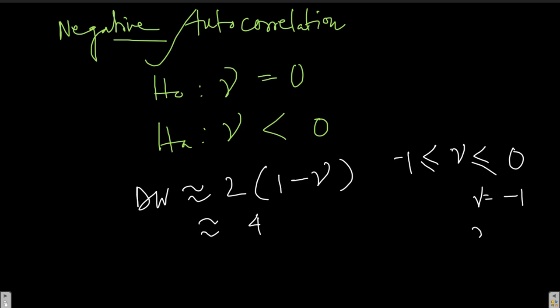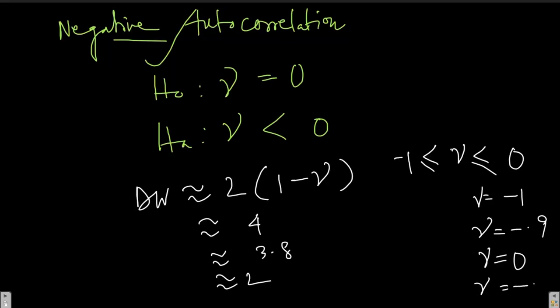Or if my gamma is equal to, let's say, minus 0.9, similarly it will be 2 into 1 plus 0.9, so it is going to be 3.8, right? So the DW value is going to be pretty high. What if my gamma is actually 0? On the other extreme, if gamma is equal to 0, my DW value is going to be equal to 2, just like what you have seen for positive autocorrelation. And if gamma is, let's say, minus 0.1, my DW stat value is going to be 2 into 1.1, which is 2.2.